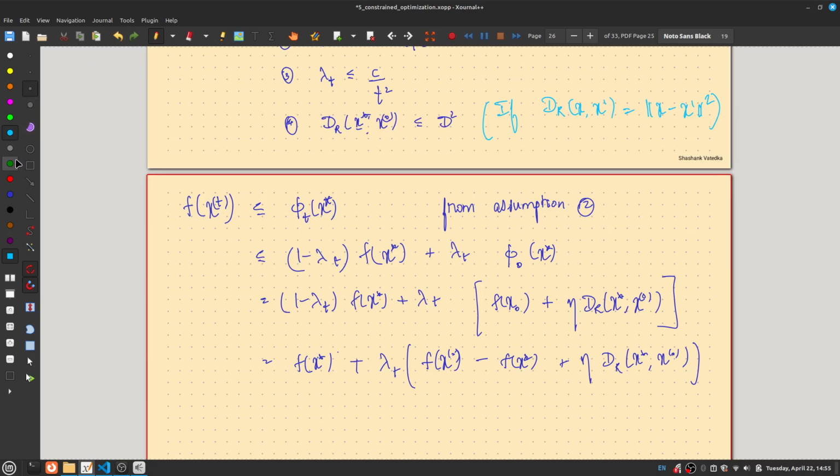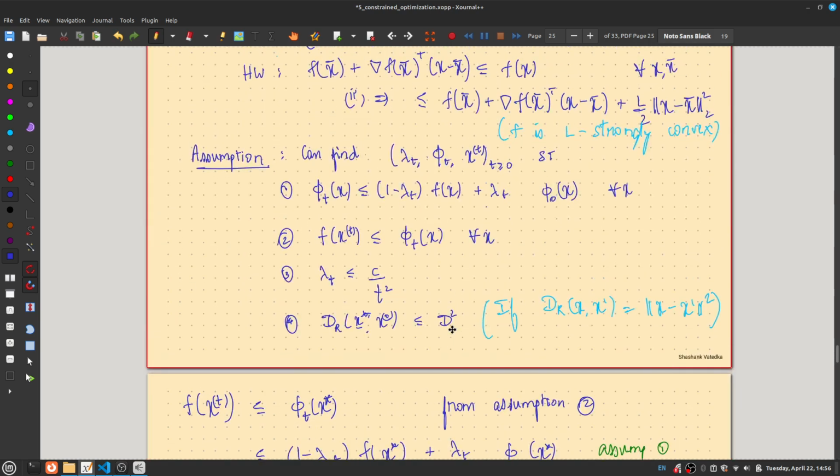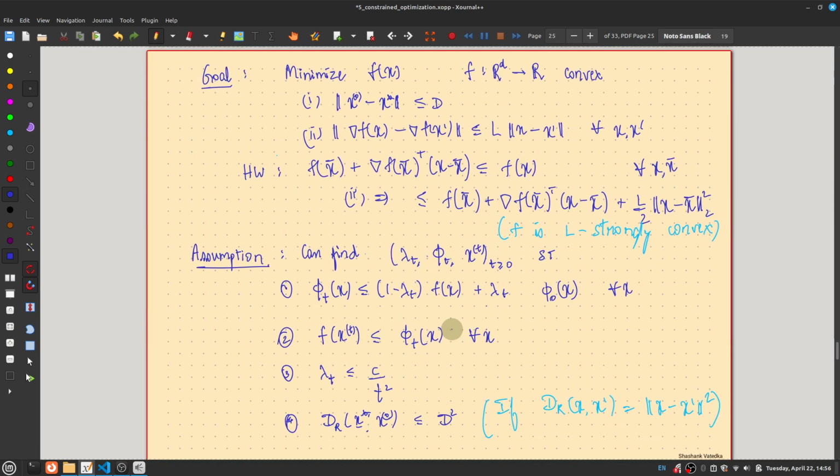This is assumption 1. By assumption 4, I know how to bound this particular quantity, but now I need to bound this particular quantity. And what can I use? I want to make use of this particular fact, right?